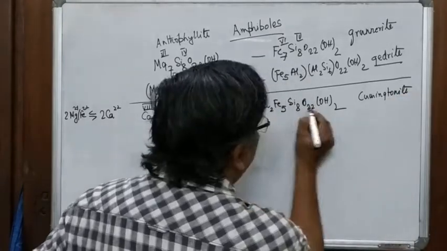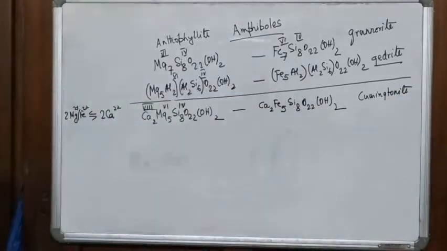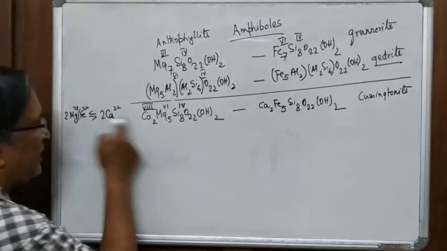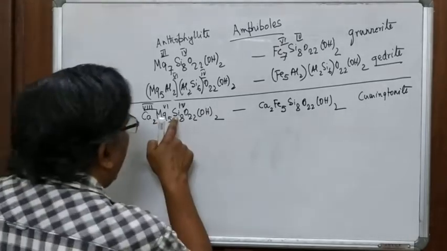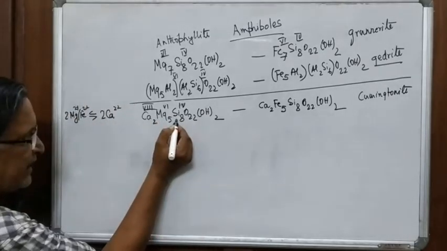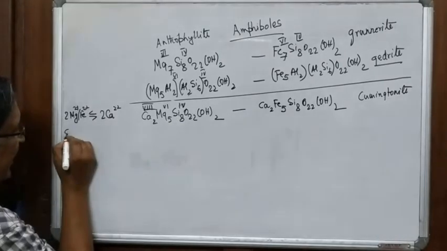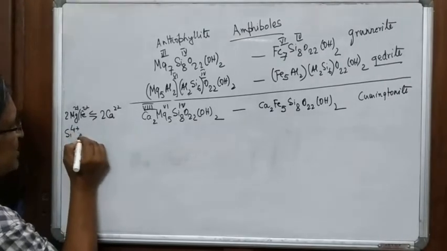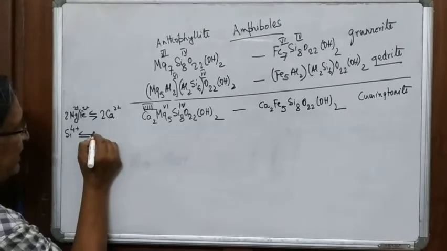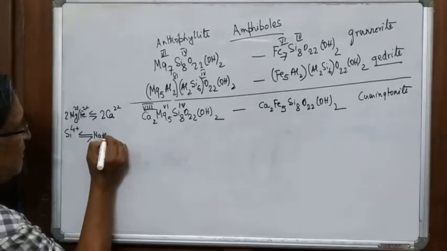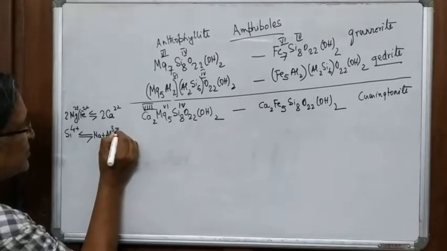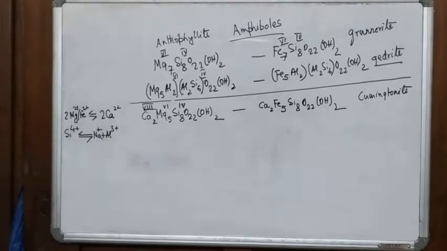And you remember tremolite, actinolite. And then what happens? Another type of replacement occurs. And here, one silicon is replaced, Si4+ is replaced by Na+ Al3+. This is the substitution.